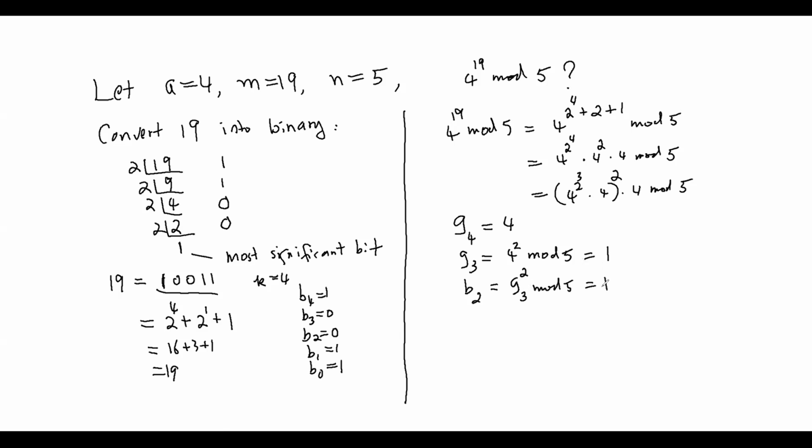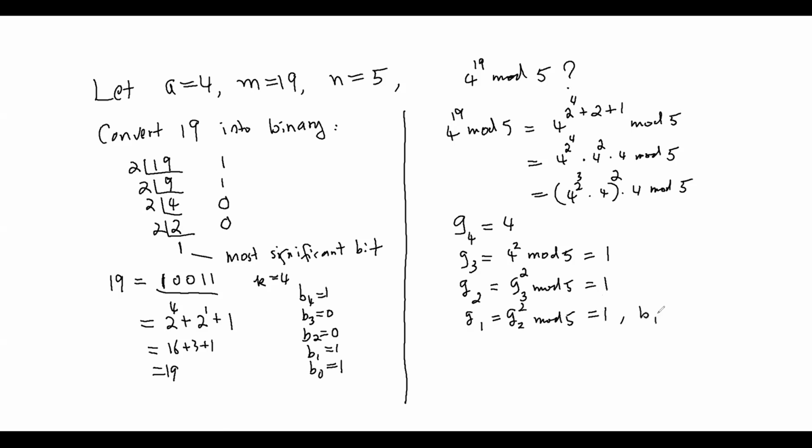So it's very simple, right? And then B2 is 0, so we are going to do B1. Oh, sorry, this is G2, so this is G1. It will be just G2 squared mod 5. Again, this is 1. Simple.